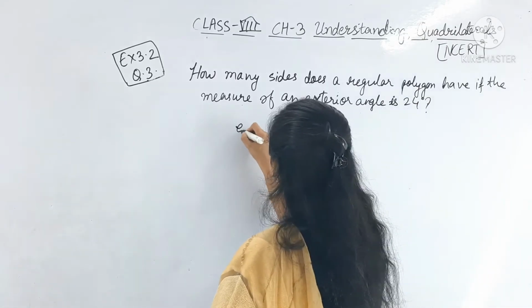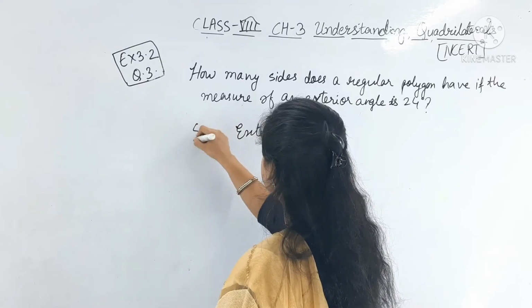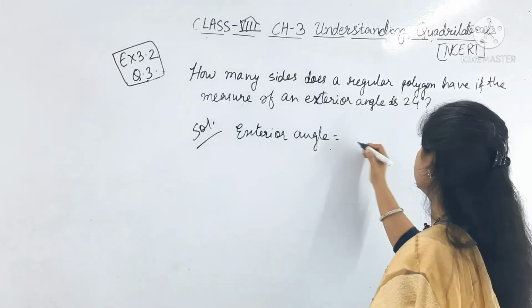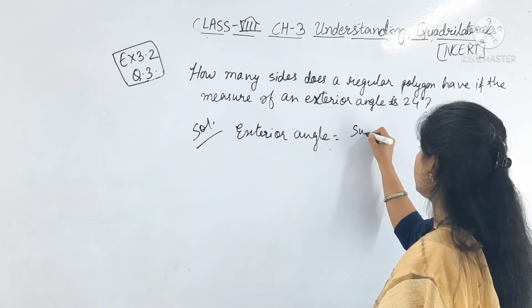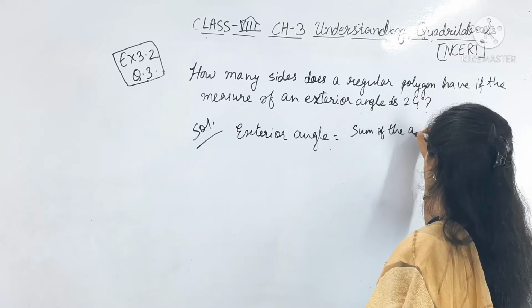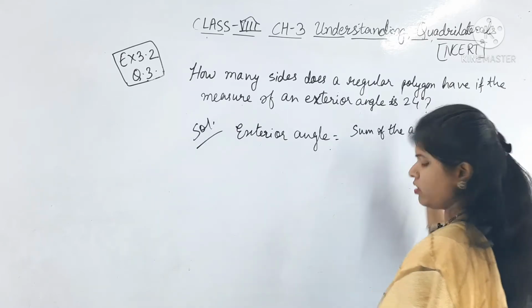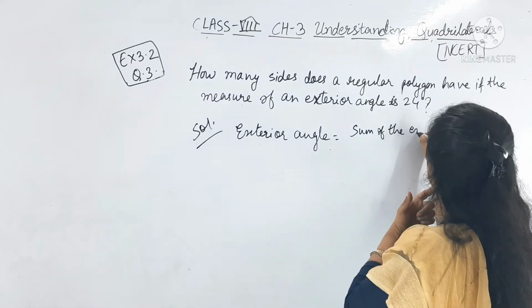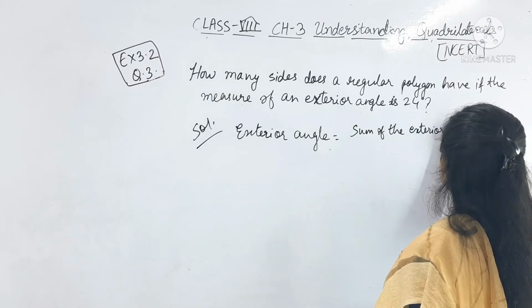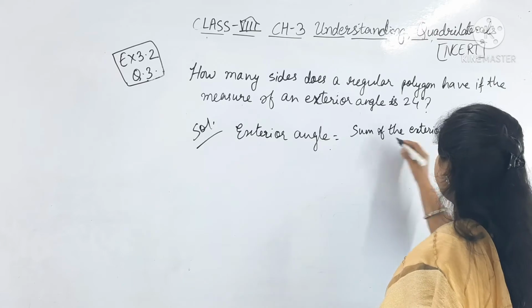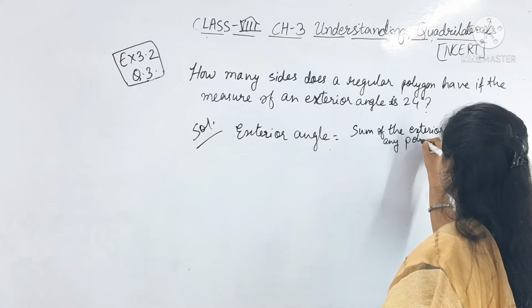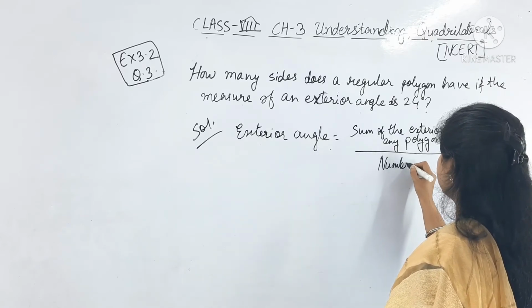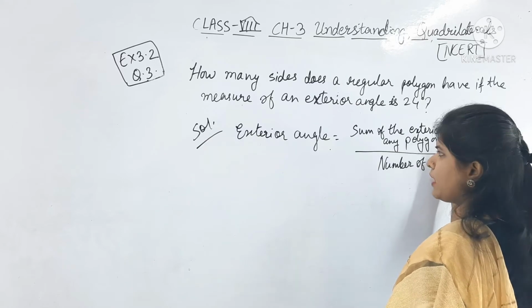Okay, so we know that exterior angle is equal to sum of the exterior angles of any polygon divided by number of sides. We know this formula.